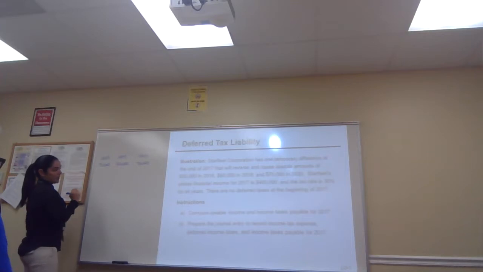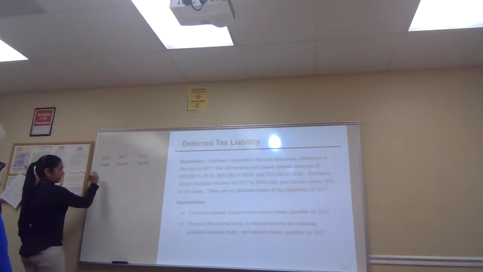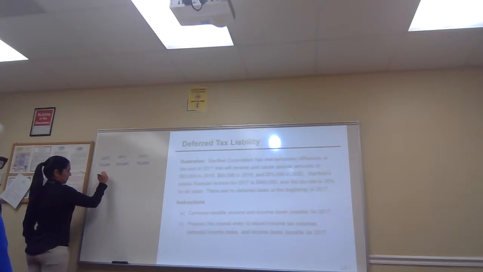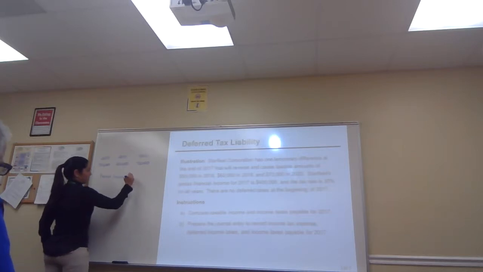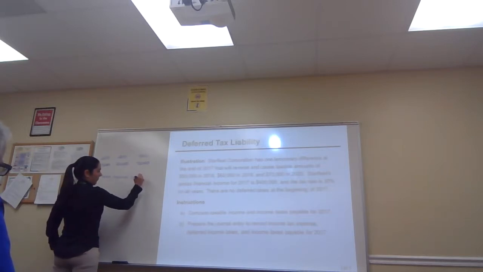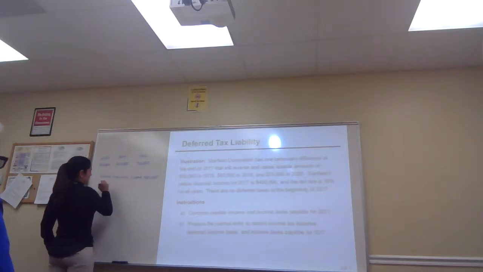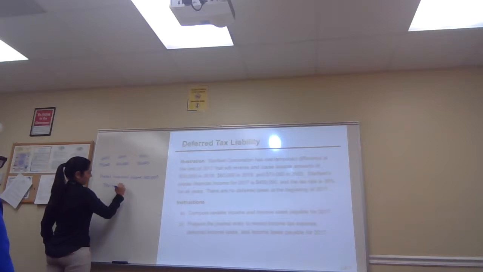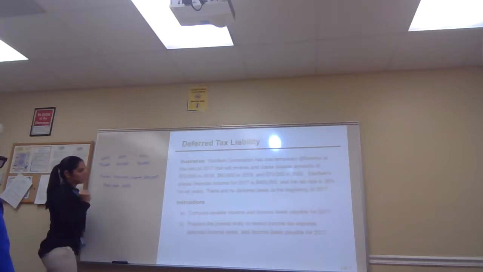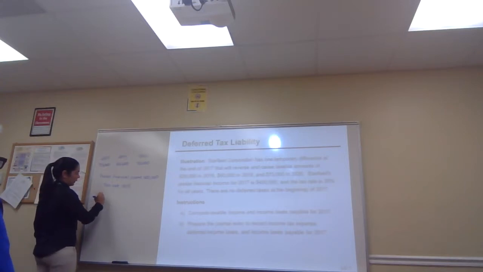They're saying it's pre-tax financial income, so that's its book income. It's 400,000. Tax rate is 30%. And deferred tax asset at the beginning is 0.